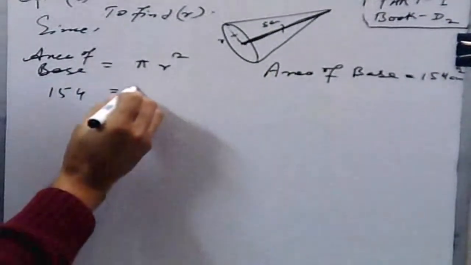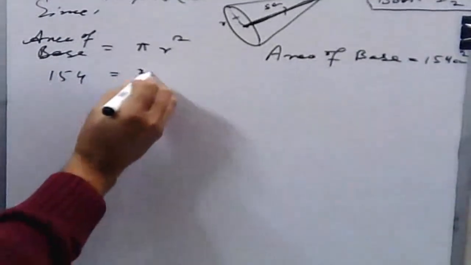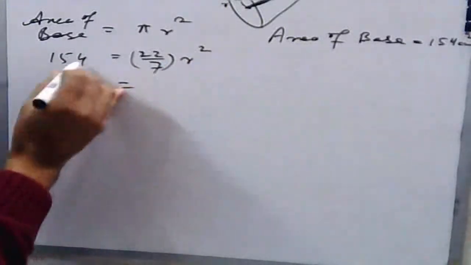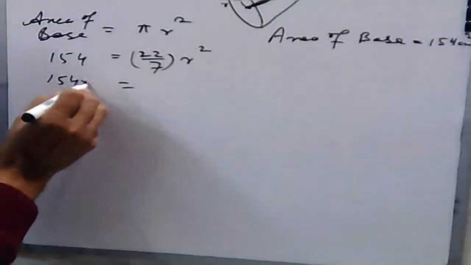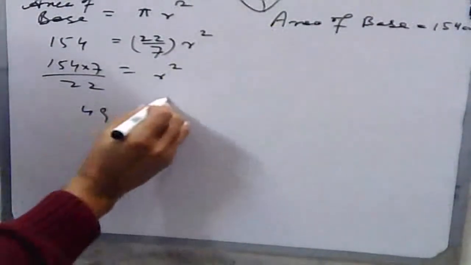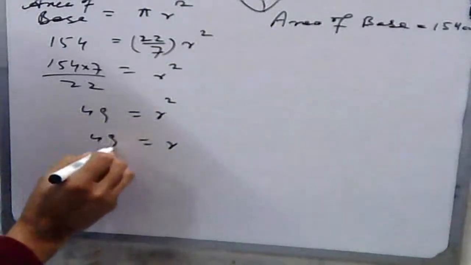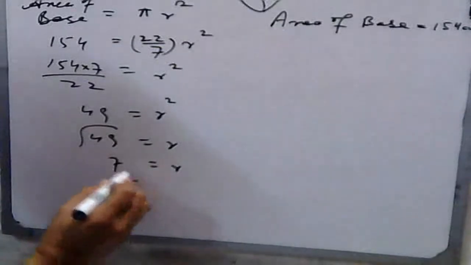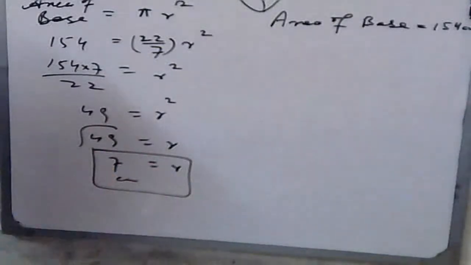The value of pi is 22 by 7 and r square. So by using cross multiplication, 154 multiplied by 7 divided by 22 will give you r square, so the value is 49. So we need the value of r, the square root, so 7 centimeter is the value of r.